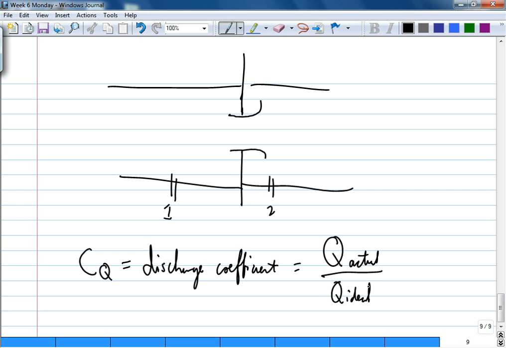So, these devices would tend to over-predict the flow rate. Why? Because C_Q will be less than 1. The actual will be less than the ideal. The Q ideal is calculated.